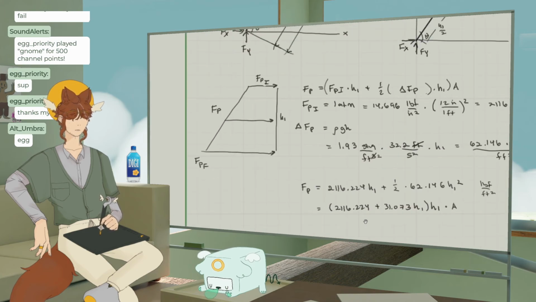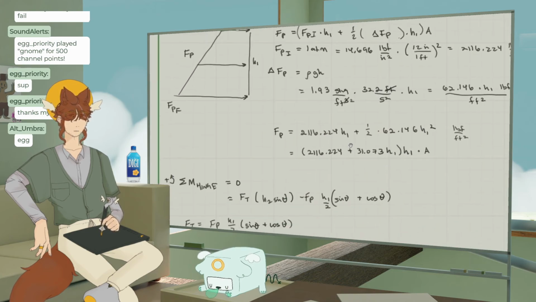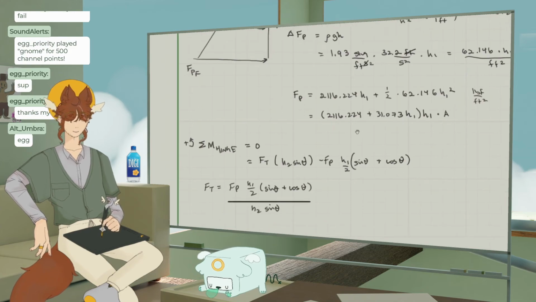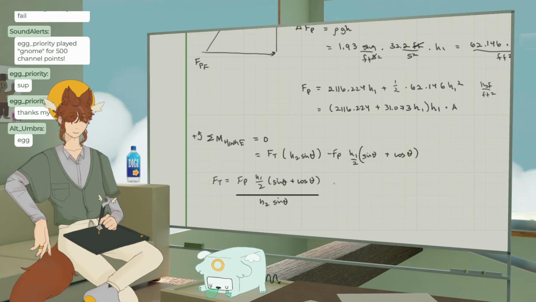I don't even want to plug in the numbers, man. And then just plug in this, you know, there you go. Okay, I'm just gonna do it for the meme. 2116.224 plus 31. Oh, nothing even cancels out. That's great. I love it. I'm being very sarcastic.